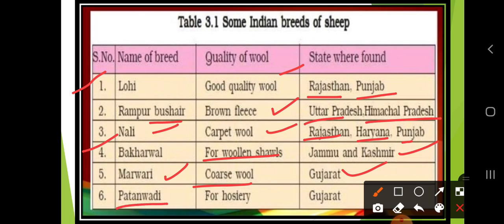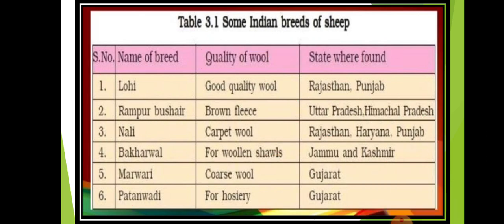Next is the Patanwadi, for hosiery, also found in Gujarat. So these are the qualities and uses of wool from different breeds. Dear students, these are some points we have discussed about wool.